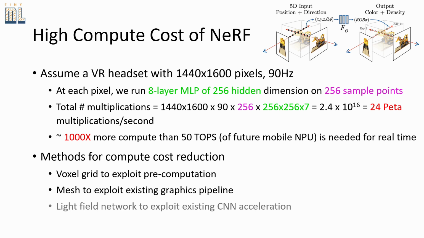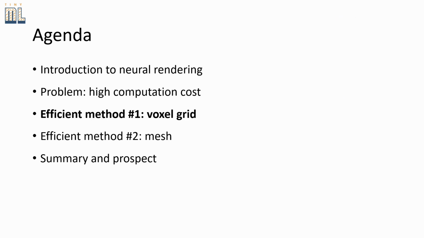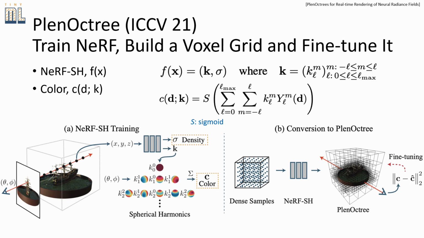Let's see the first technique called the Voxel grid, which is based on pre-computation, actually. So this is one of the first papers where the authors presented Voxel grid as a fast rendering solution. As you can see on the left, we first train a typical neural rendering model.